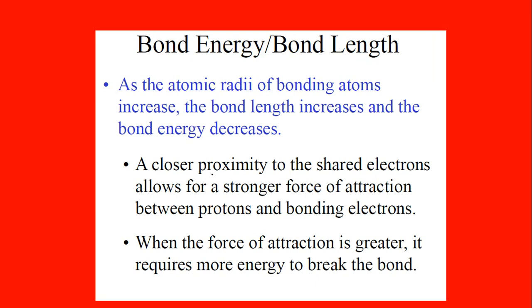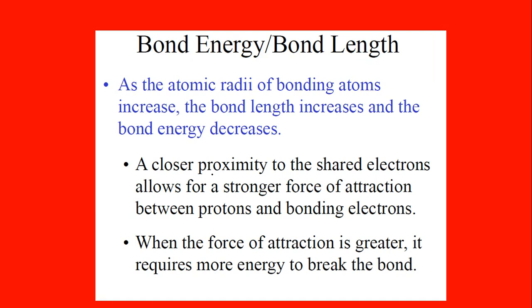We're thinking back to single, double, and triple bonds, as we've talked about before, and the bond energy decreases. If the atomic radii get bigger, then the length between the nuclei gets bigger, and the bond energy holding them together is going to decrease. Again, this relates to the bond energy diagrams.